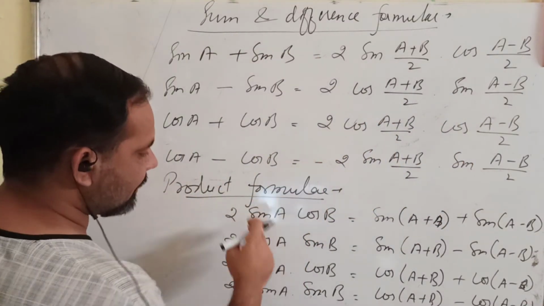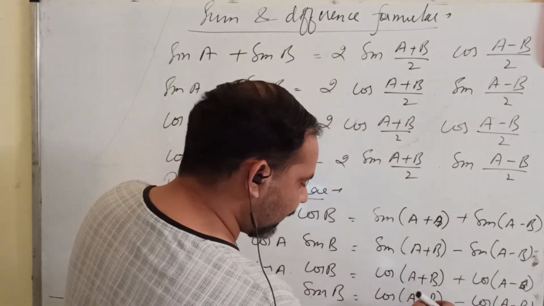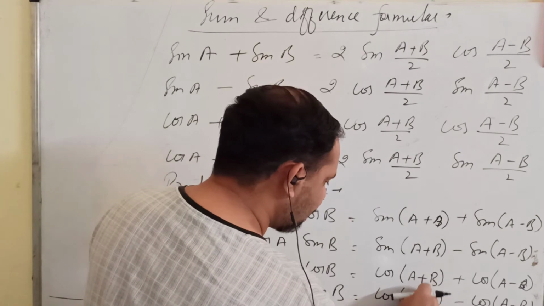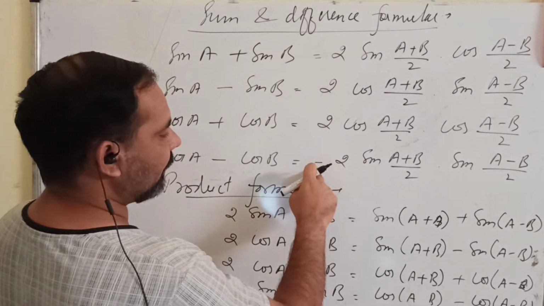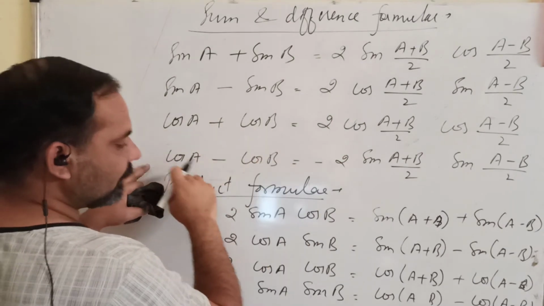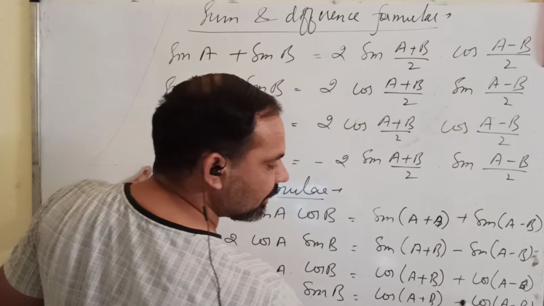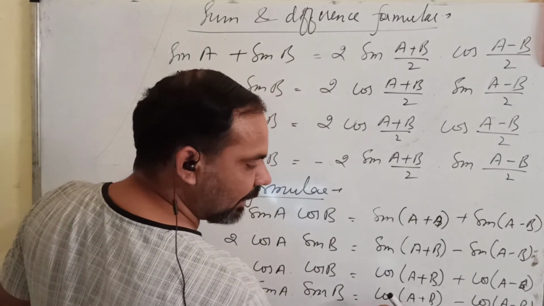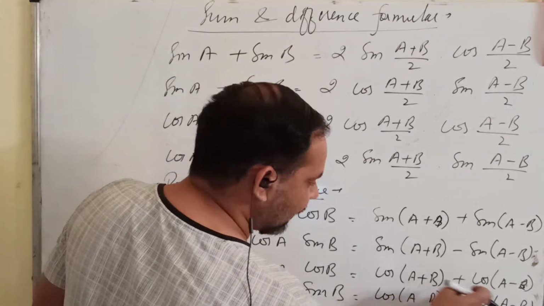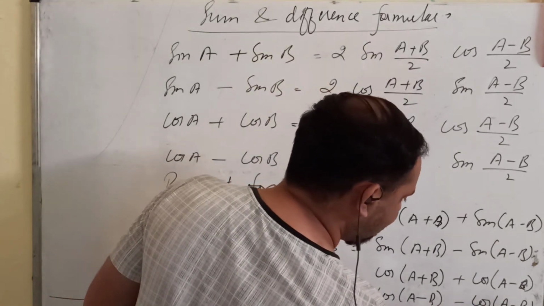And since you have a minus sign, they will interchange and this cos A minus B will come here. See, you had a minus sign here. You can transpose this minus sign on this side, so this has to be multiplied with a minus sign. So this will become positive and it will become negative. It means that the second ratio will come here and the first ratio will go there.